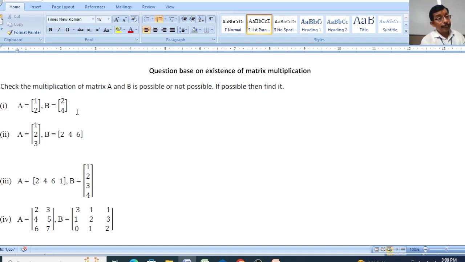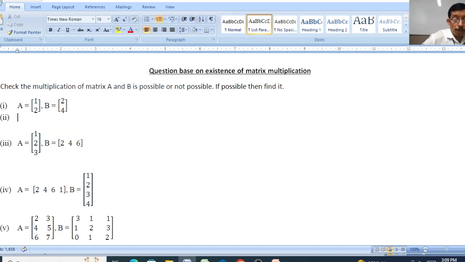So first we check the order of the matrices. If the number of columns of matrix A is equal to the number of rows in matrix B, then the multiplication is possible and we find it. If it is not equal, then multiplication is not possible. Is it clear everyone? Start the first question from here.